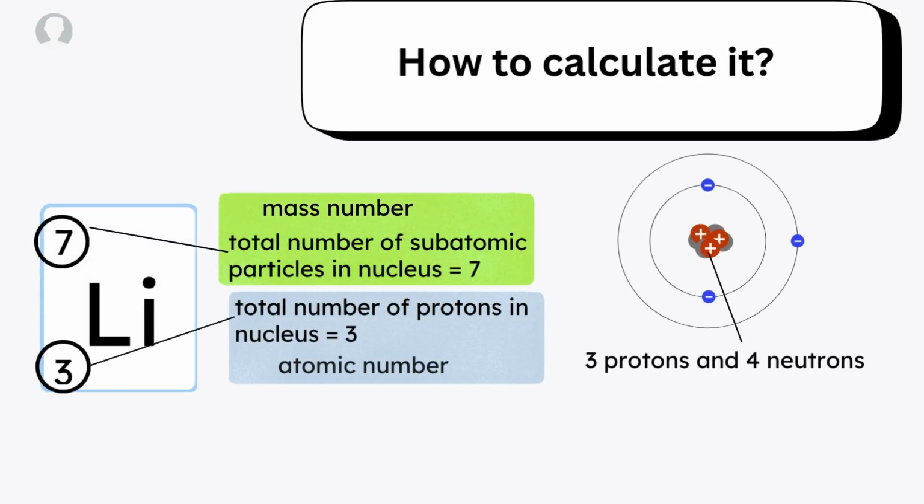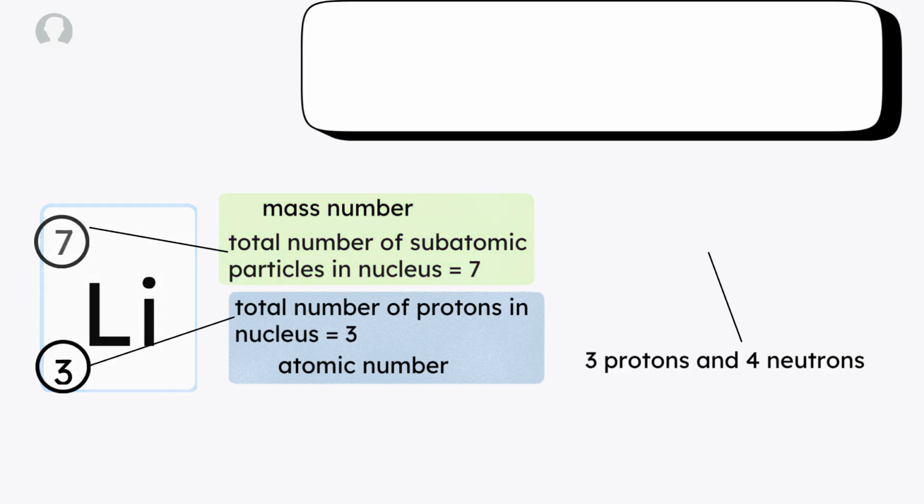So sometimes we will be asked how to calculate it. So then we get our atom or element symbol like that. 7, the bigger number, is the mass number, the total number of the subatomic particles in the nucleus, which is the protons and the neutrons. And then the smaller one is the total number of protons in the nucleus, the atomic number.